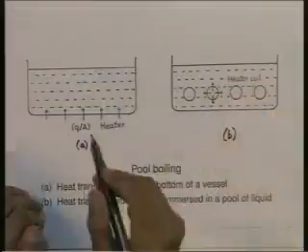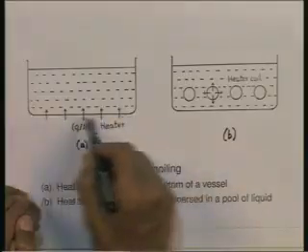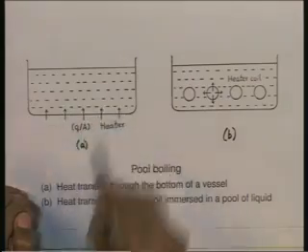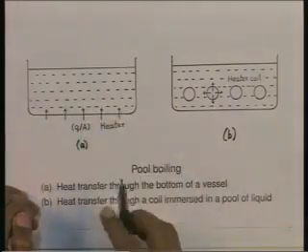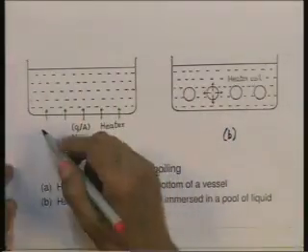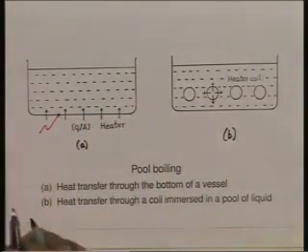The liquid may be at a temperature lower than T s, mind you, it does not have to be at the saturation temperature, but corresponding to its pressure there is a saturation temperature T s. The liquid is in contact with the bottom of this vessel, and through the bottom heat is being supplied through a heater, and the temperature of the bottom is T w.